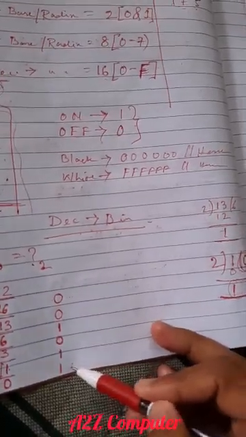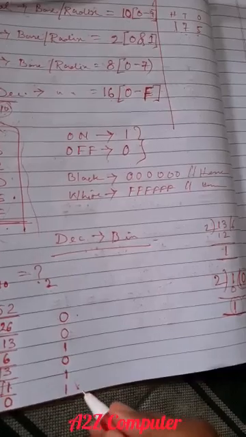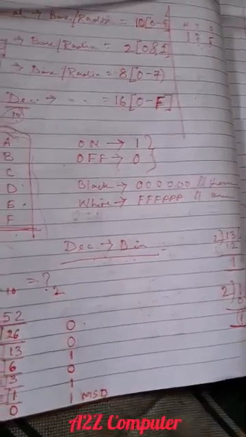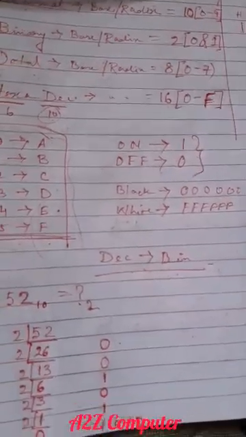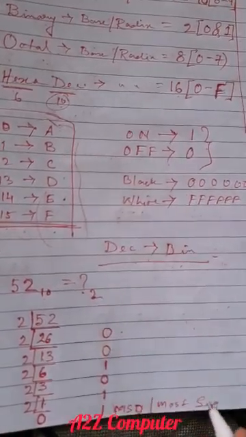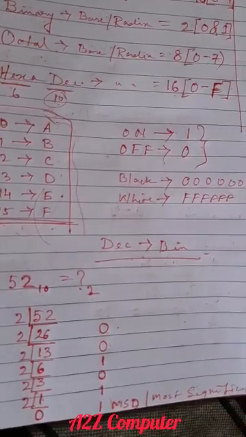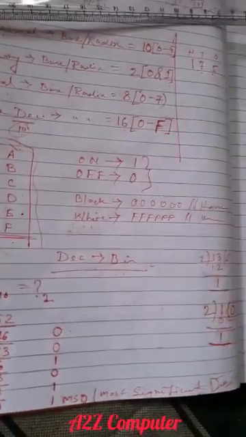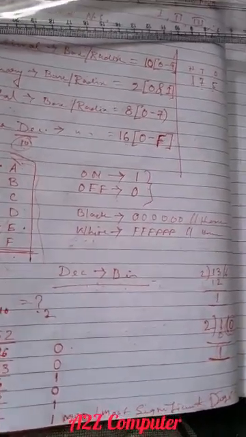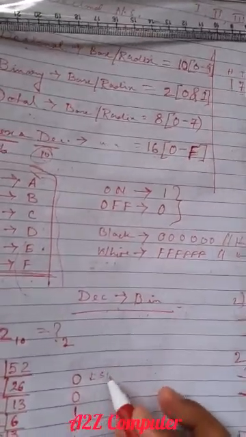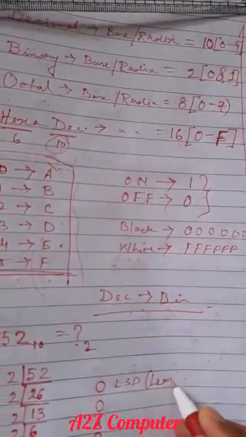The last remainder we call the MSD, whose full form is most significant digit. The first remainder is called the LSD, the least significant digit. Got it?